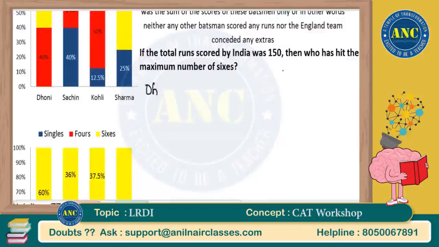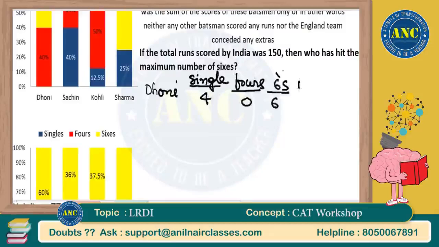So Dhoni, again we will solve. We will not get the answer. We will just see the approach. So single will be 4, fours will be zeros, 6 will be 6. Minimum will be 10. Sachin is nothing but 20, 12 and 18.